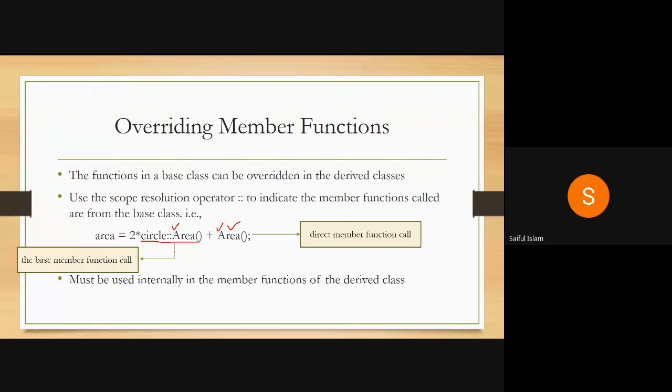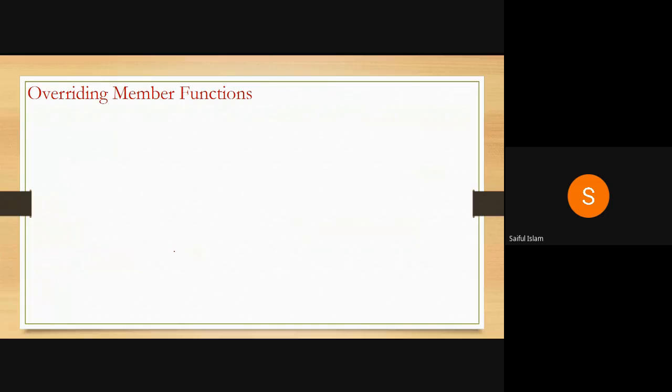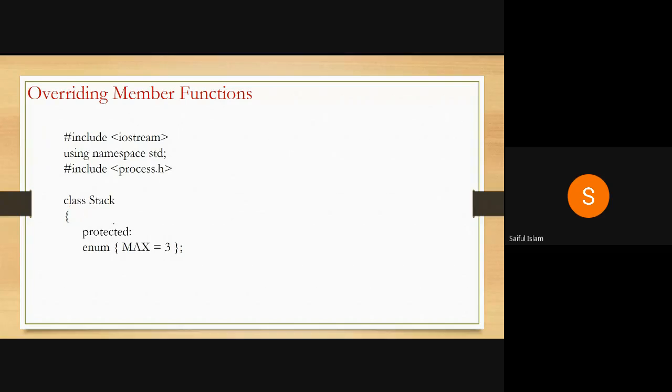So let's see how to use this. Writing a program here: #include <iostream>, using namespace std, class Stack. You have a protected section. Why have we used protected? Because I want these members to be visible to my derived class. An enumeration max, having a value 3.